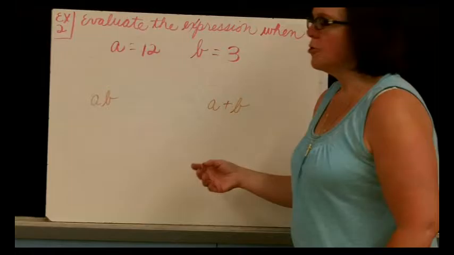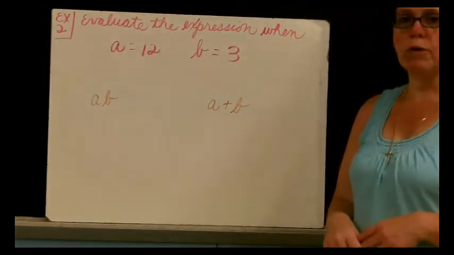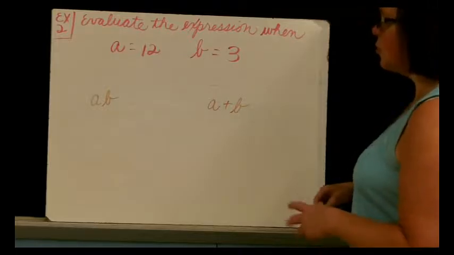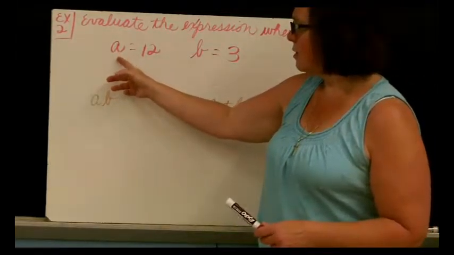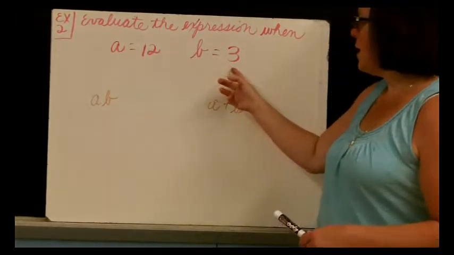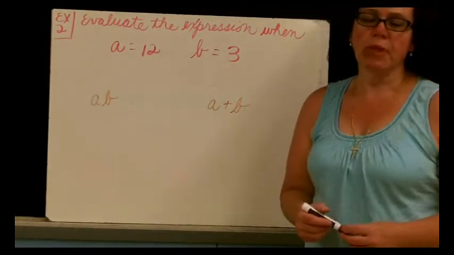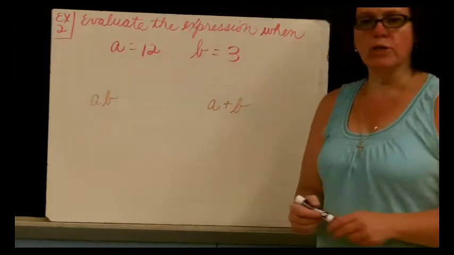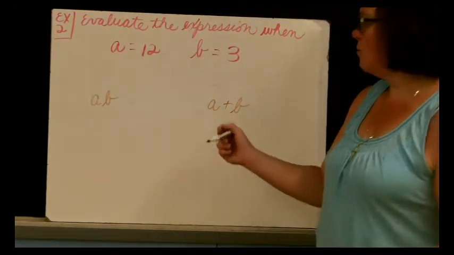This one is very similar. Example 2 is very similar to example 1, only here instead of working with 1 variable, we're working with 2. Here we're told that the variable a has a value of positive 12, and b is positive 3. What we're going to do is substitute our a's and our b's in the expressions, and then solve.